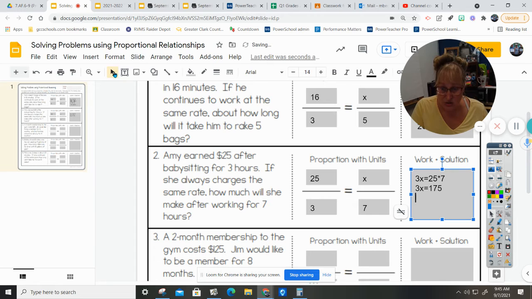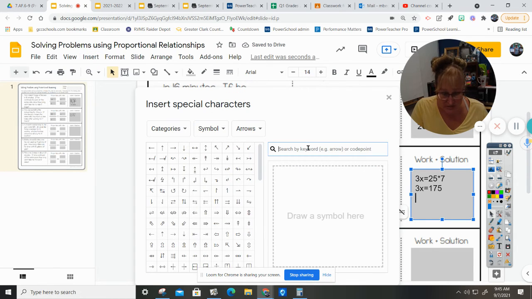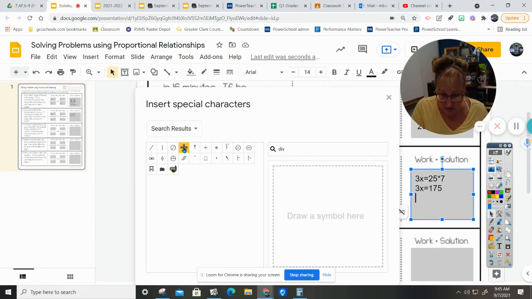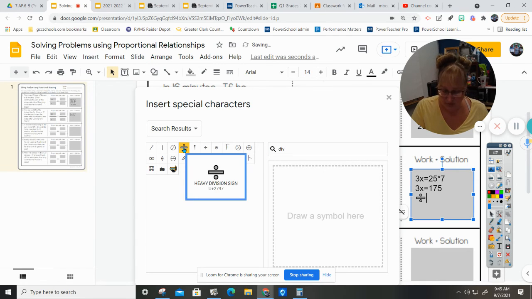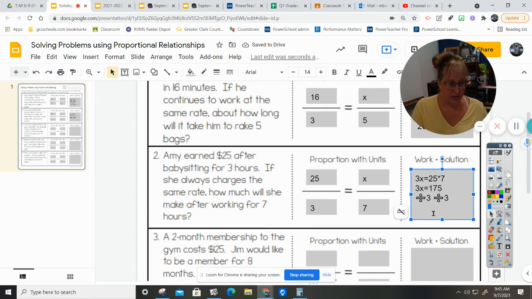So I'm pressing enter. Insert special characters. DIV. I've got it. Divide by 3. I've got to go back over here. 3. Now I'm clicking the button again. Click. Click. 3. See how I'm doing it to both sides? Press enter. You can close this to get out of your way.